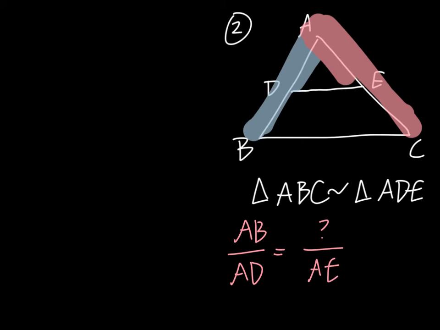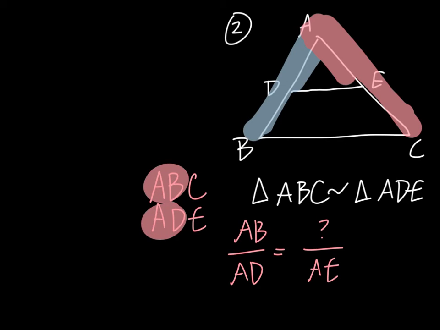It's helpful for me, because I'm a visual person, to write it out, ABC over ADE. So what I see here is AB going with AD, then I see AE goes with AC. Some people can just look at the figure and tell that for that entire piece, AC, AE would correspond with that.